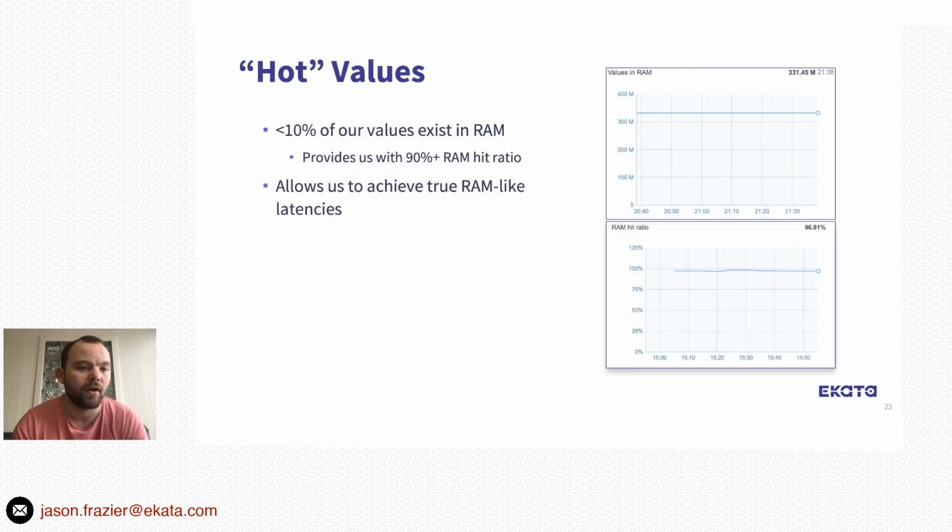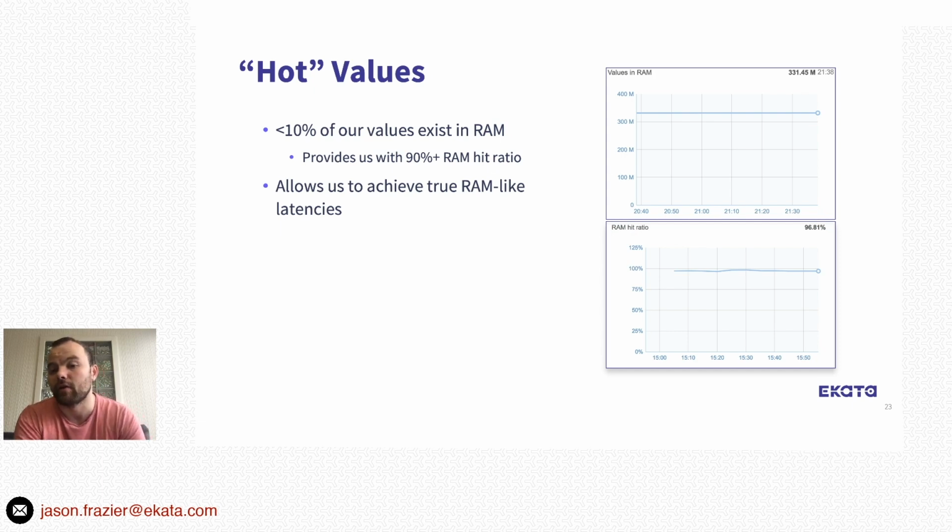One main thing that we noticed right away is hot pockets in our data. Here's another screenshot of our Redis Labs dashboard. There's one key metric called values in RAM, which is how many values actually exist in RAM in the database at that time.